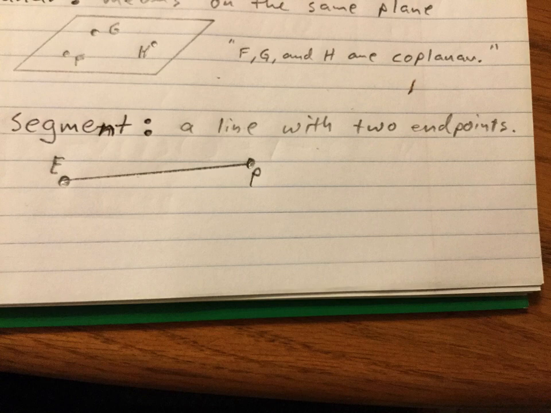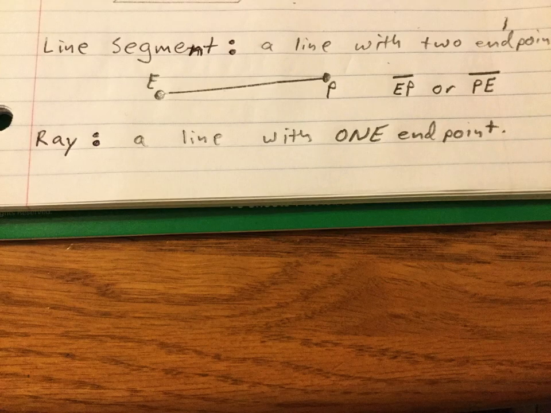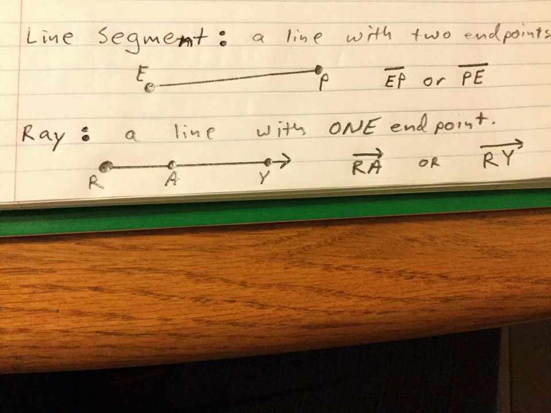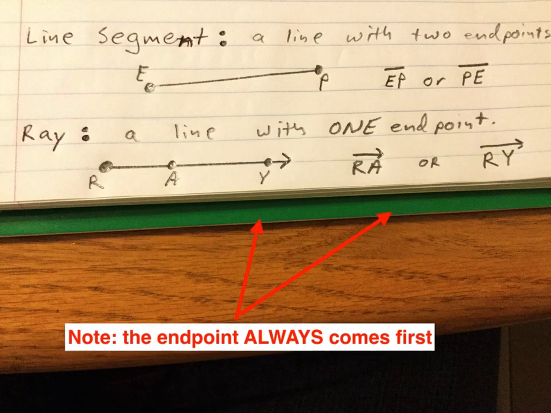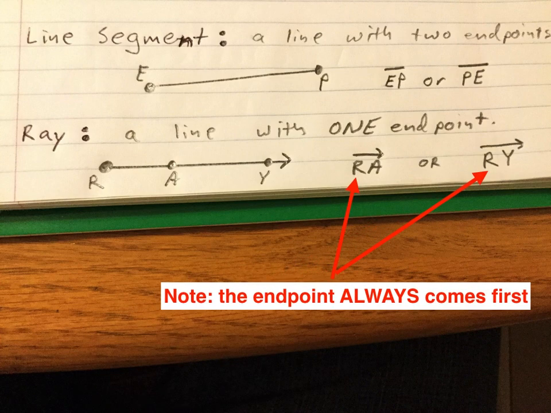You could also call it PE. And one last definition, we could talk about a ray. A geometric ray is a line with 1 endpoint. We'll draw a model. You could name this either RA or you could name it RY, but you'll note that the endpoint always comes first.